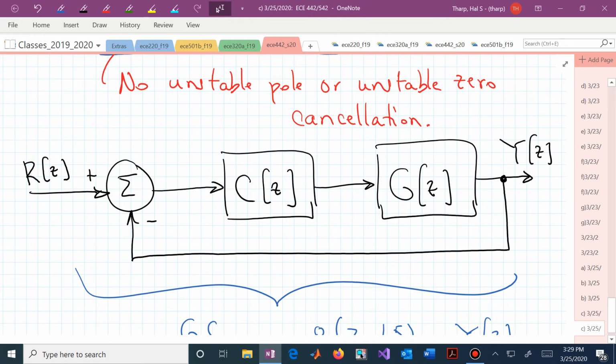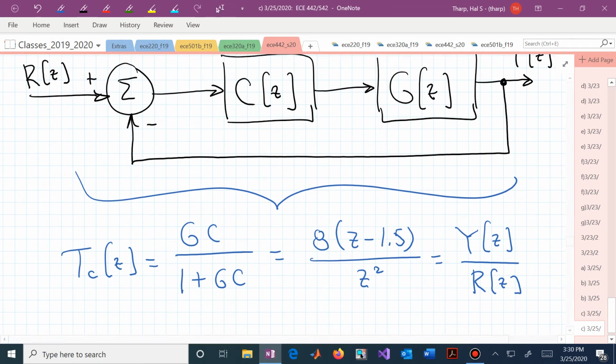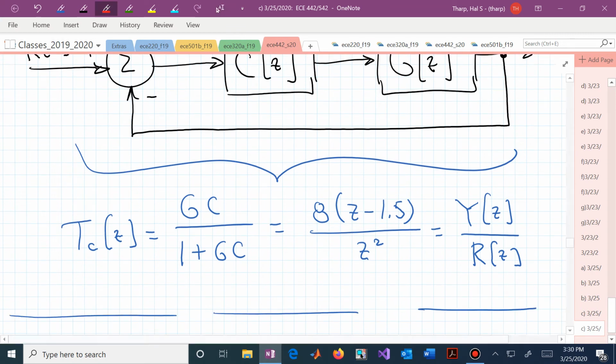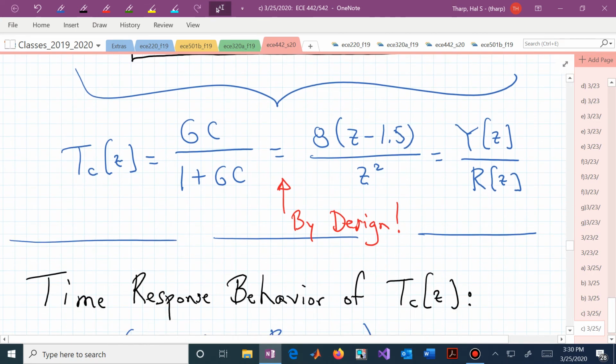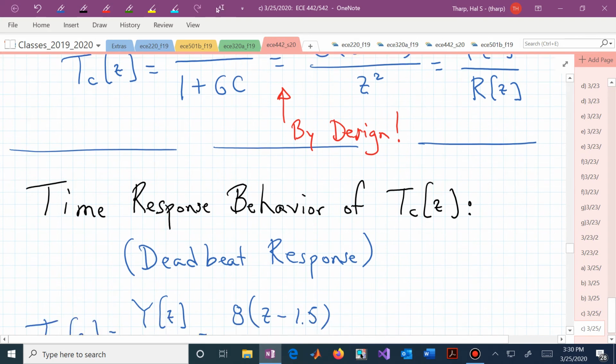We have an unstable controller combined with an unstable plant, and it's actually producing, by design, 8 times z minus 1.5 over z squared. That's how we designed C. Again, maybe that's not the best performing closed loop transfer function, but at least it stabilizes the system in the closed loop. Let's now look at its time response behavior.